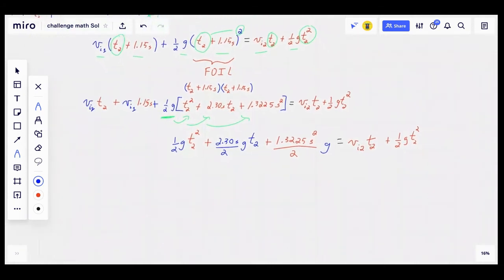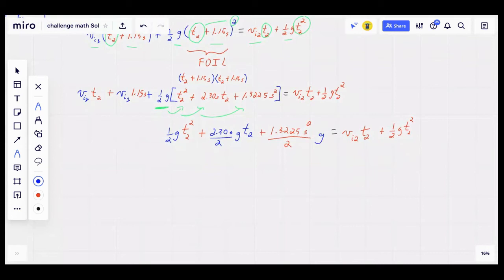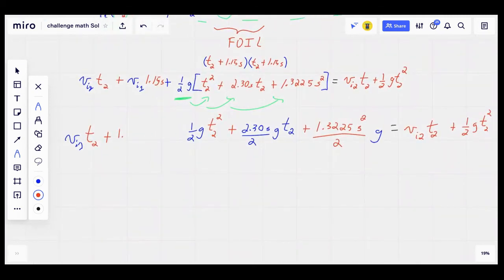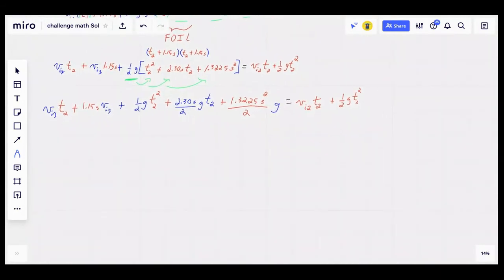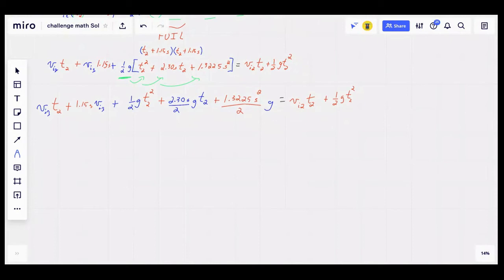Let's go back to the left side of the equation and recopy the things that we have here. So V initial 1 T2 plus, let's write it 1.15 seconds V initial 1, plus all that. Okay. Let's stop for a second and make sure everything looks okay and makes sense.